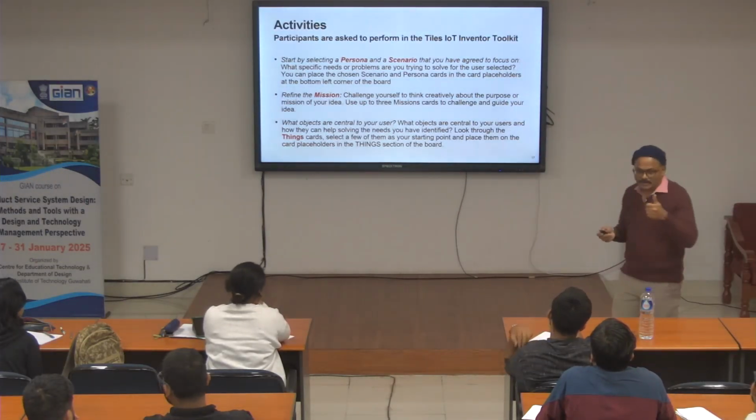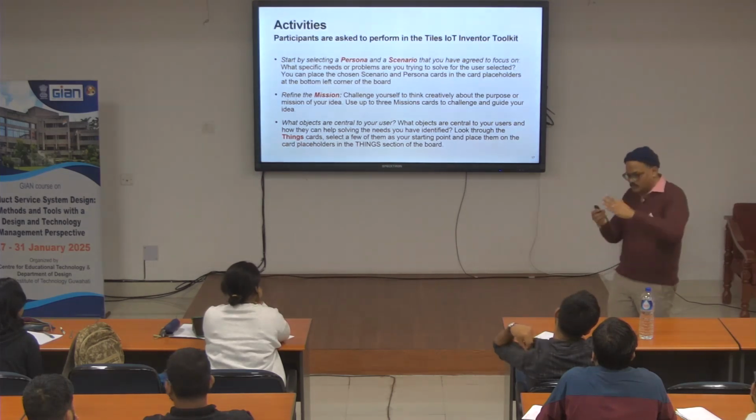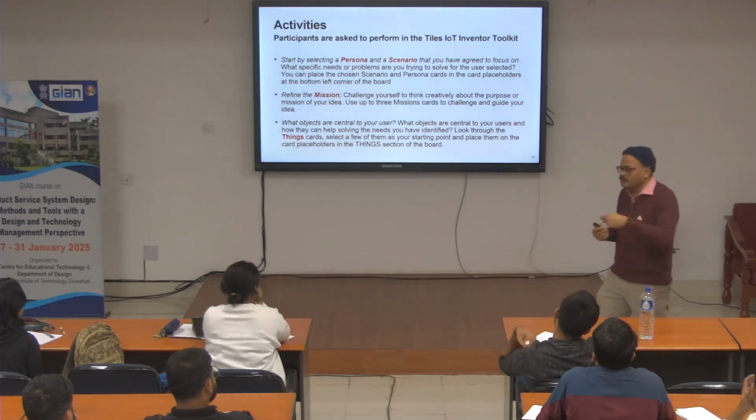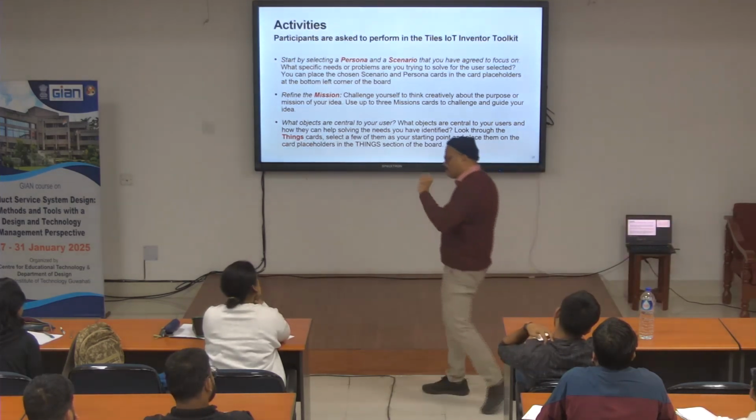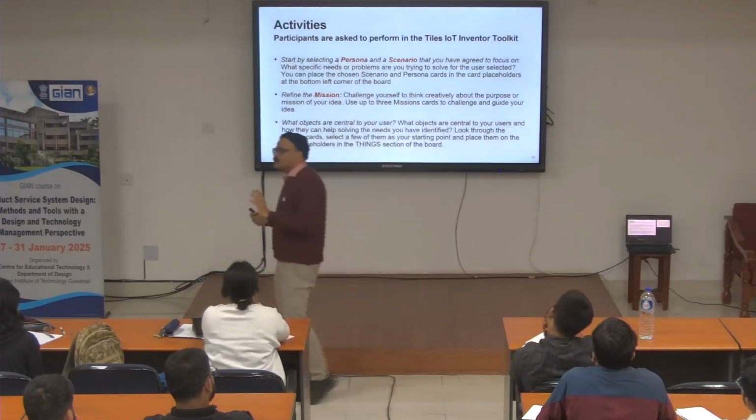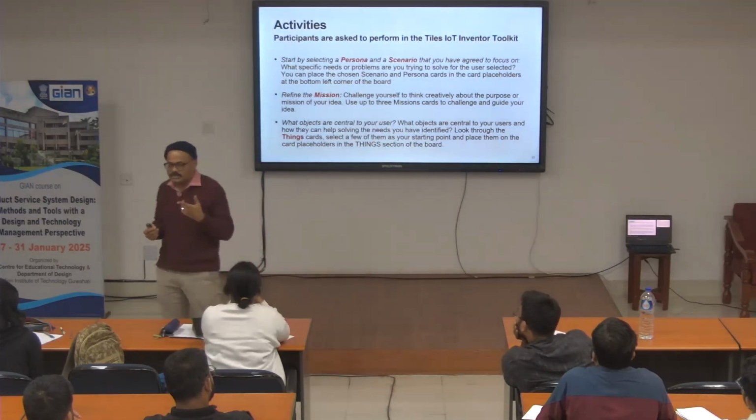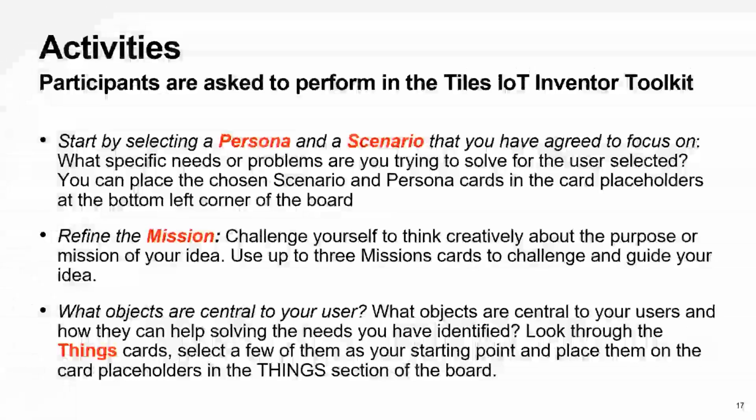Look through the things cards. So then you have a set of things cards, and we have actually documented all the different things that most likely you are going to interact with in a smart home context, right? So you start picking up those things cards. Select a few of them as your starting point and place them on the card placeholder in the things section of the board.